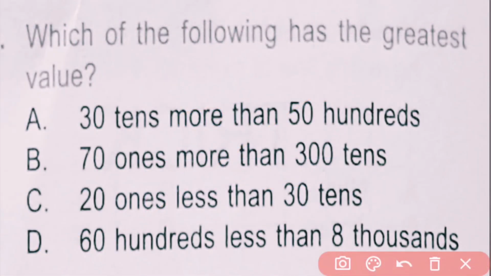Number 34. Which of the following has the greatest value? Option A, 30 tens more than 50 hundreds. Here 30 tens is 30 into 10 means 300. More than 50 hundreds. 50 hundreds means 50 into 100 means 5000.